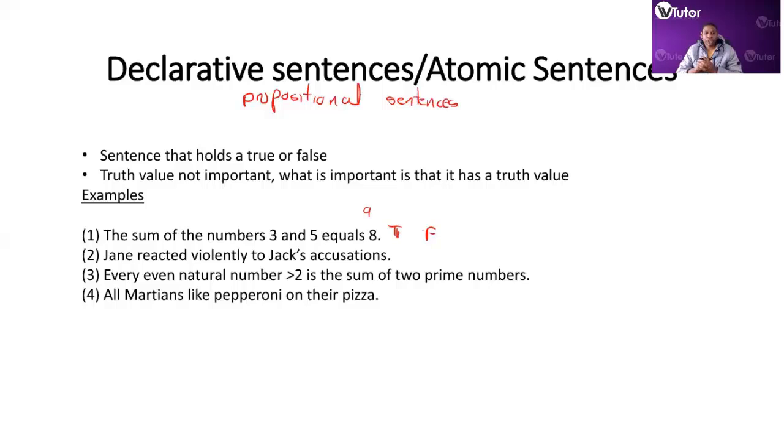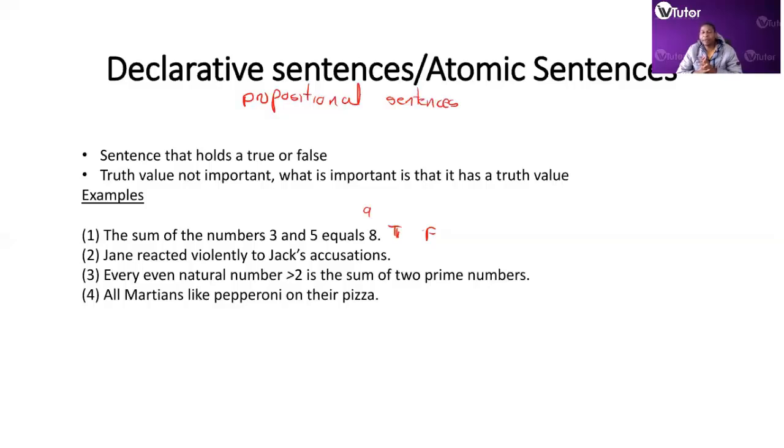Right. Let's look at number 2. Jane reacted violently to Jake's accusations. Either this happened or this did not happen, so it is a propositional statement. Then, every even number greater than 2 is the sum of 2 prime numbers.